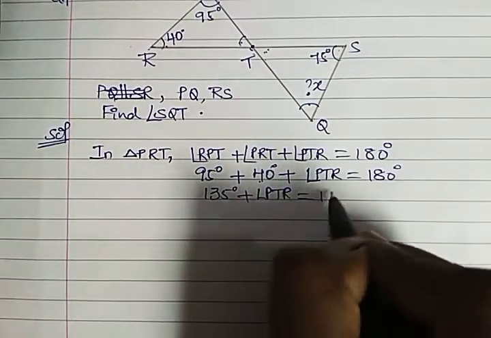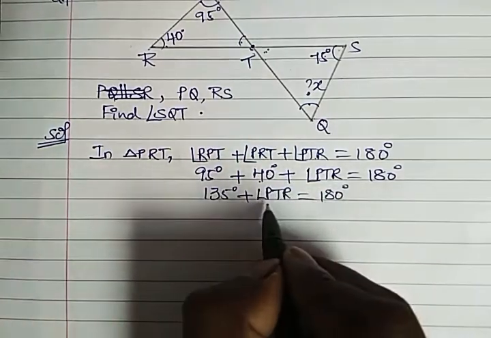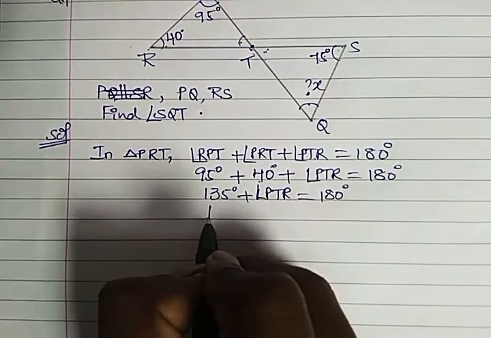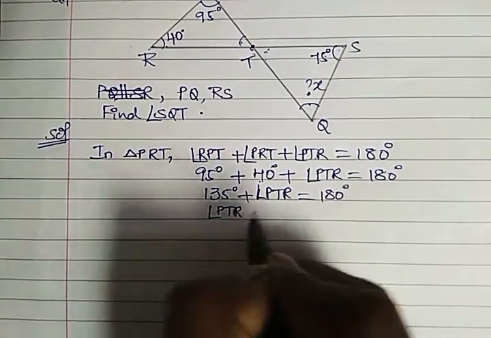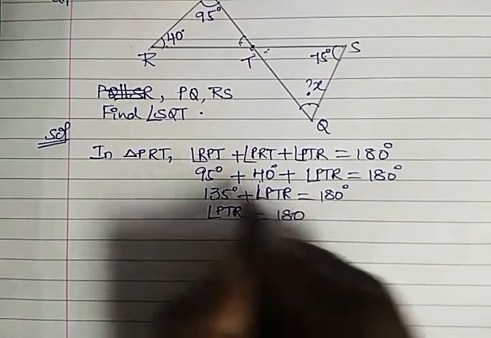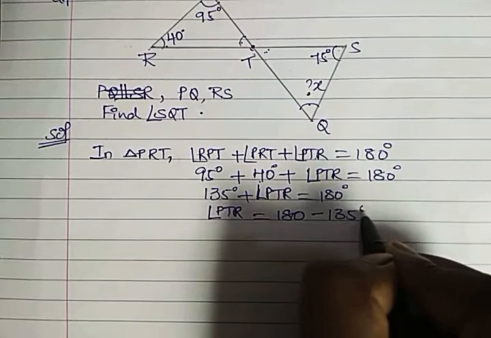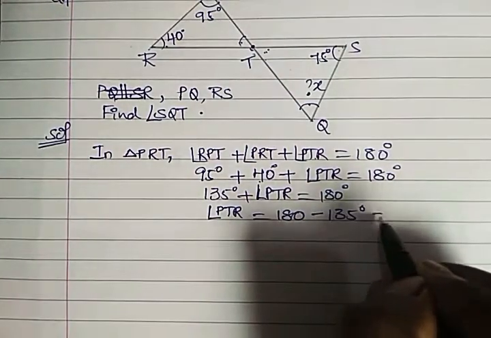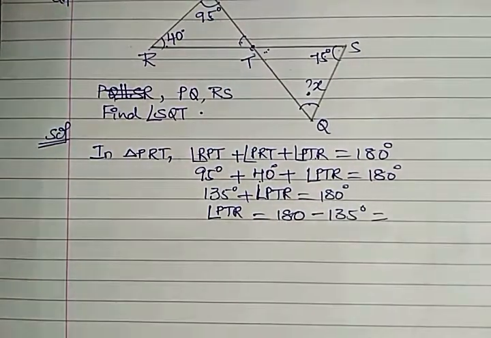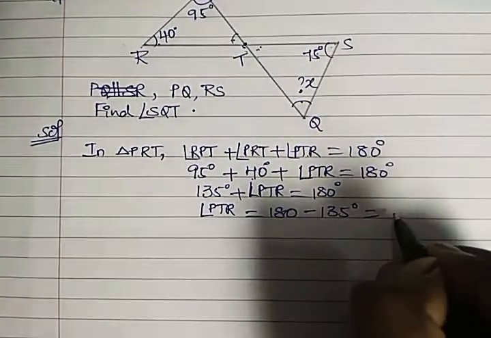135 degrees plus PTR is 180 degrees. Now we need PTR, so leave PTR on the left side. PTR is equal to 180, and this 135 goes to the right side, minus 135 degrees. The subtraction of these two, 180 minus 135, is 45 degrees.